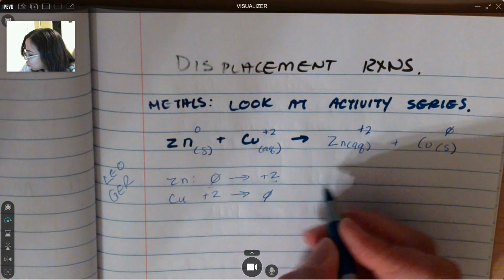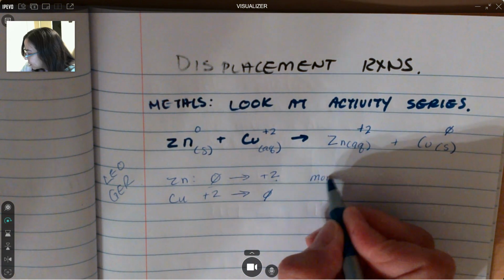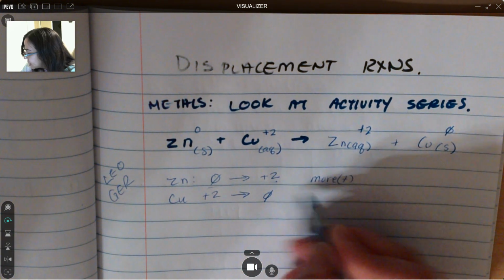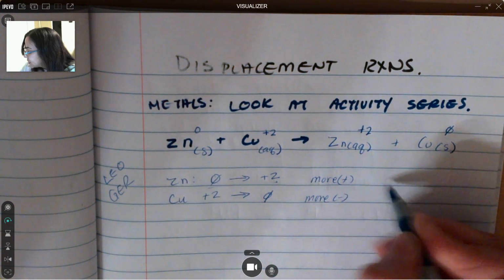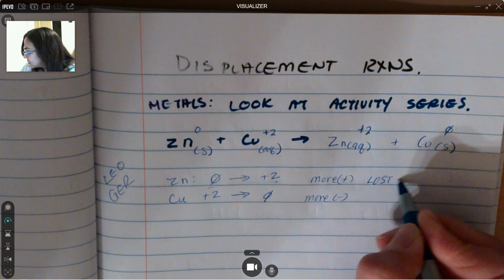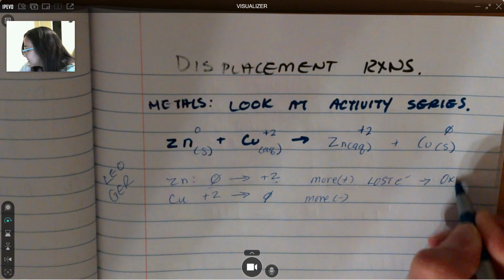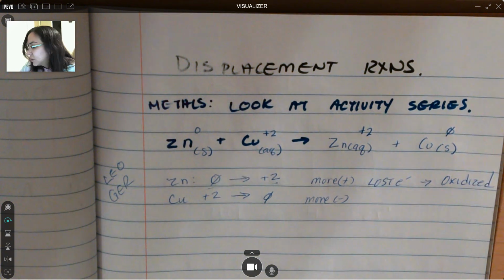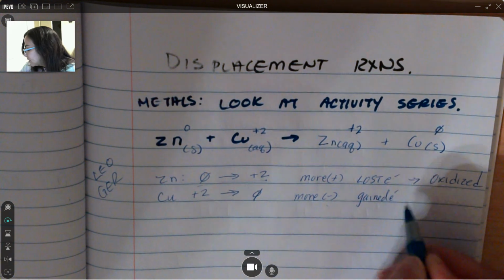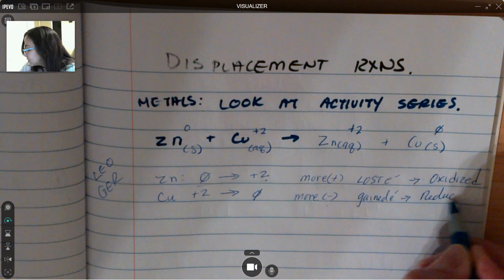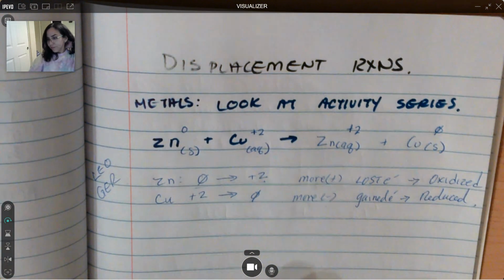So this becomes more positive, and this becomes more negative. So more positive means you lost electrons, which means you're oxidized, right? More negative means you gained electrons, which means you are reduced, okay?